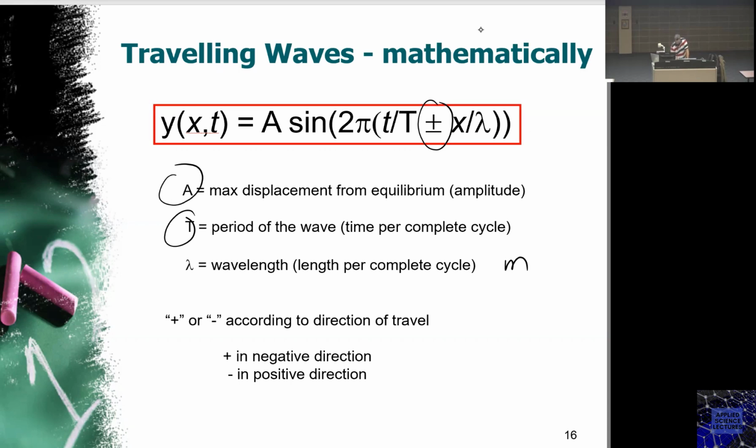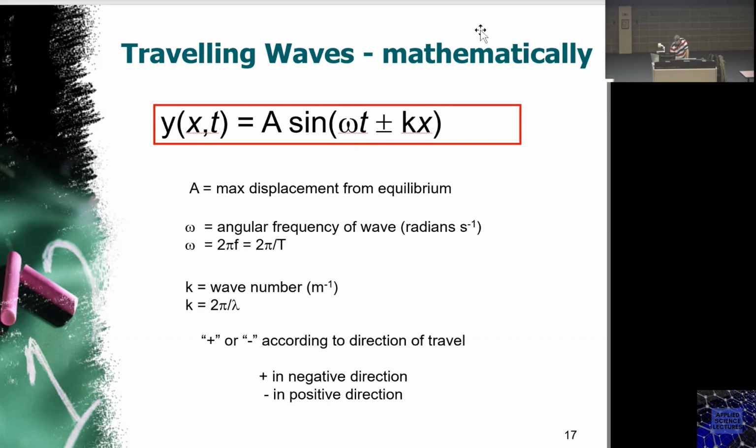You can see here that we have the 2 pi outside those two parentheses. Now, if I distribute this 2 pi, then I would have 2 pi over T. This 2 pi over T is the angular frequency. And the 2 pi over lambda is the wave number that we will talk about next. So what I just did here is distribute this 2 pi over T and x over lambda.